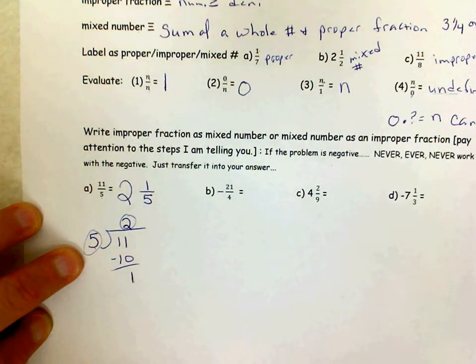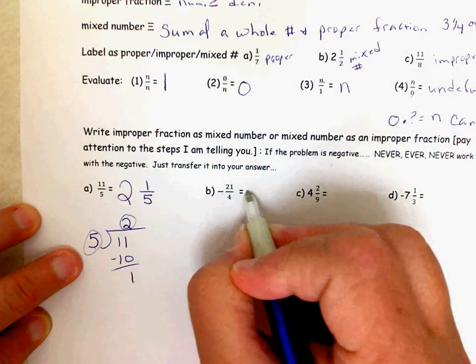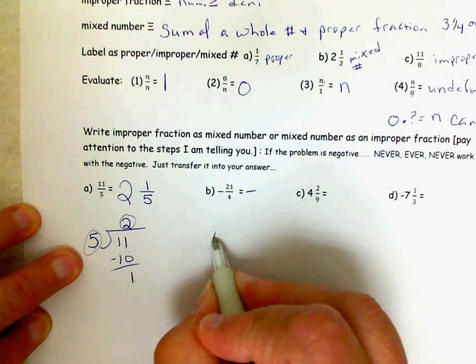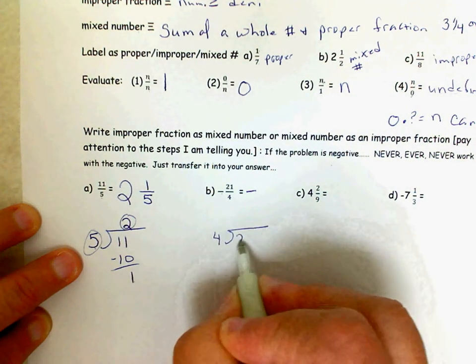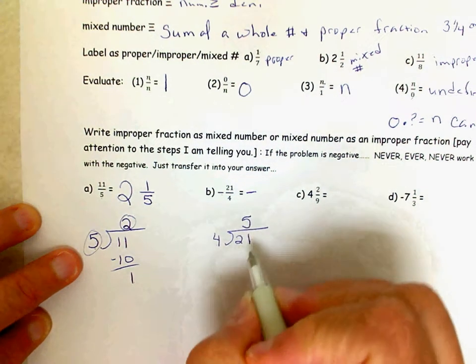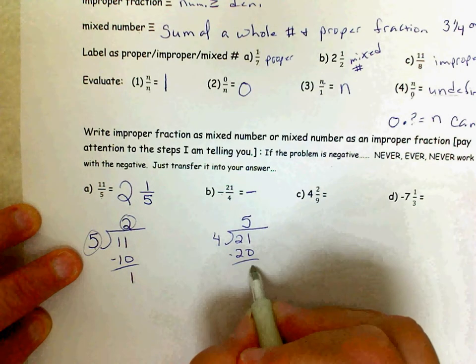Alright? Number B is negative, so I'm just going to carry it into the answer. Now I'm going to take 4 divided into 21. 4 goes into 21 5 whole times, and 5 times 4 is 20, so we're subtracting 20. That leaves us a 1 on the bottom.